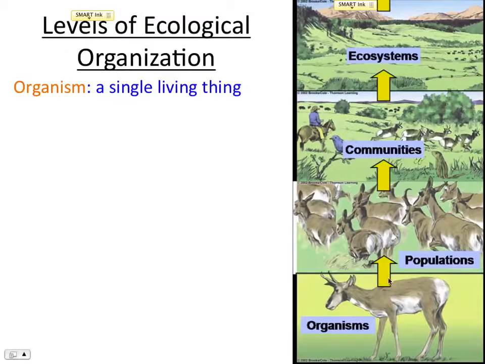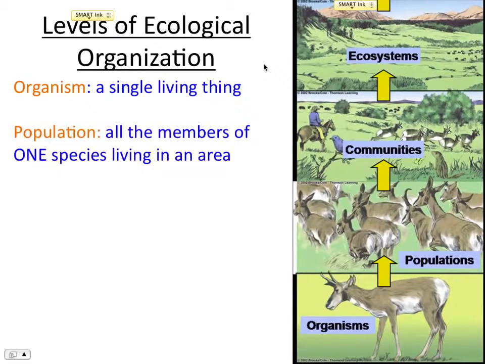Now we climb up the levels and we go to population. And we've been talking about this term a bit with evolution, and just as a refresher, a population is all the members of one species living in an area. So for example, a population here is all of these deer that live in this particular field.